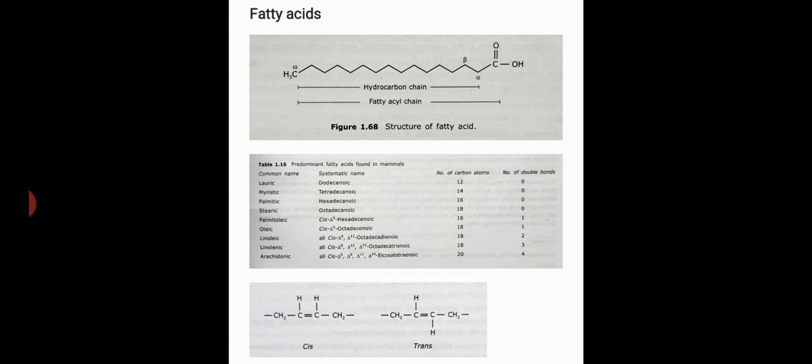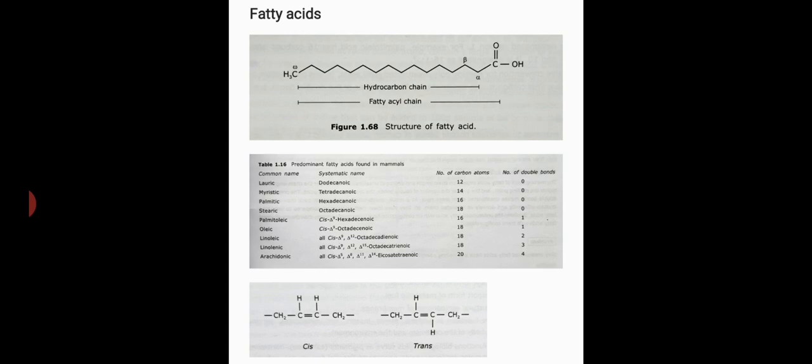The melting point of fatty acids depends on chain length and degree of unsaturation. The longer the chain length, the higher the melting point, and the greater the number of double bonds, the lower the melting point. Double bonds make the unsaturated chain more rigid.